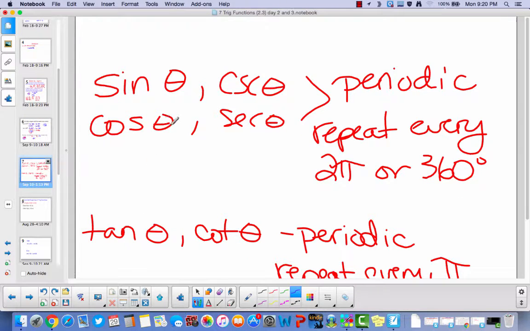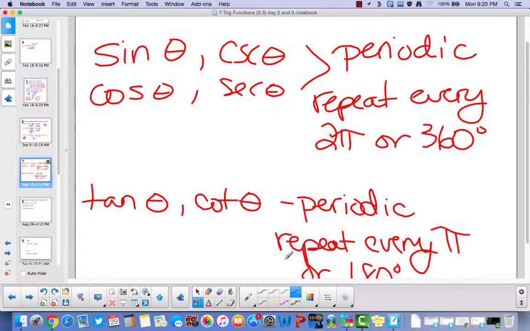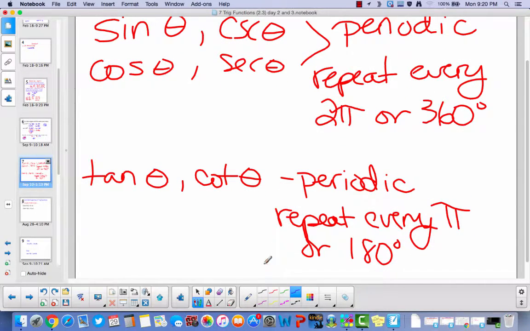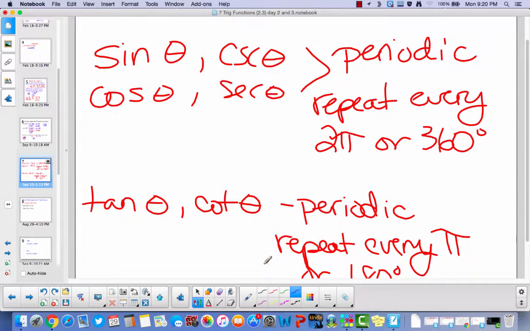If sine and cosine do that, then cosecant and secant do that as well. They are periodic. They repeat every 2 pi or 360 degrees. We'll talk more about tangent and cotangent and their periodicity at a later date. Other than to notice that they repeat every pi or every 180 degrees, we're not going to worry so much about that today.